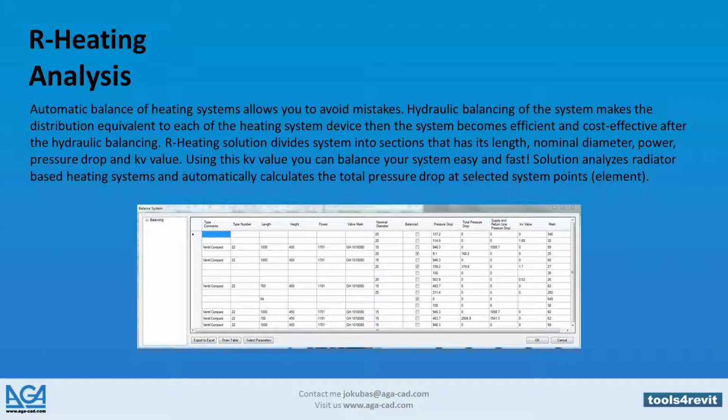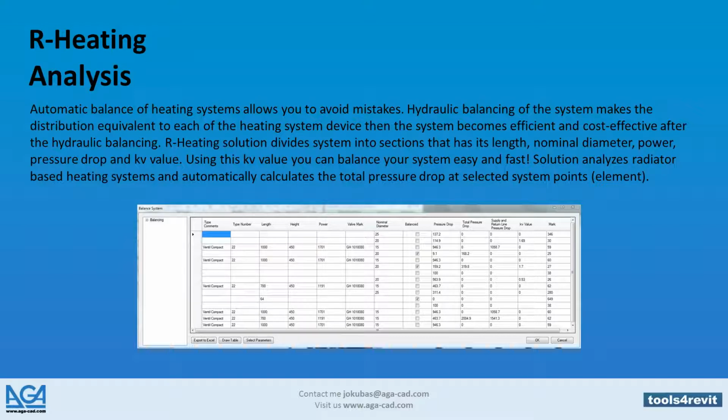And the next thing is analysis. Automatic balancing of heating system allows you to avoid mistakes. Hydraulic balancing of the system makes the distribution equivalent to each of the balancing system devices. Then the system becomes efficient and cost-effective after the hydraulic balancing. Our heating solution divides the system into sections that has its length, nominal diameter, power, pressure drop, and KV value, according to which your system could be balanced easy and fast.